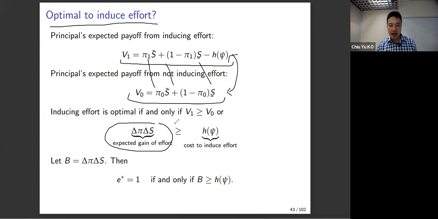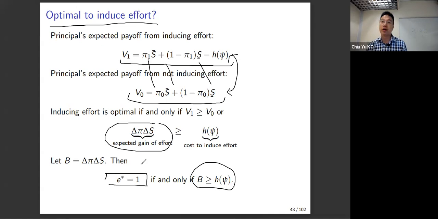And as long as it's optimal to do it, you would do it, right? Because it's complete information, right? As long as the surplus increase is more than the cost to induce him to do it, you will do it, right? That's very simple because you know it, right? As long as the payment to him is smaller than the gain as the principal, you will do it, right? Nothing new there.